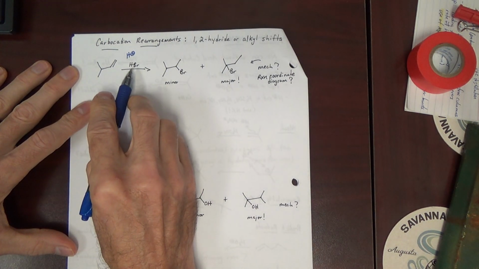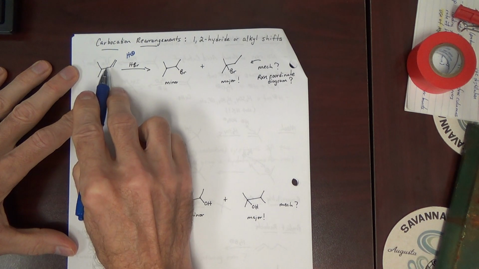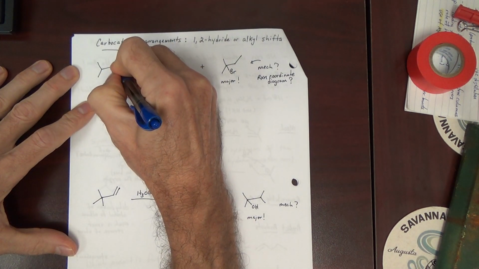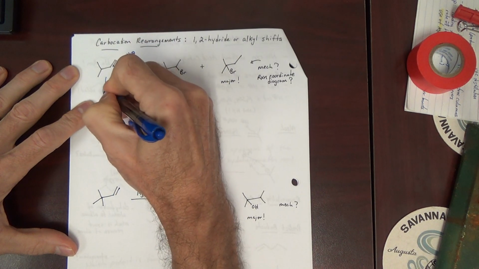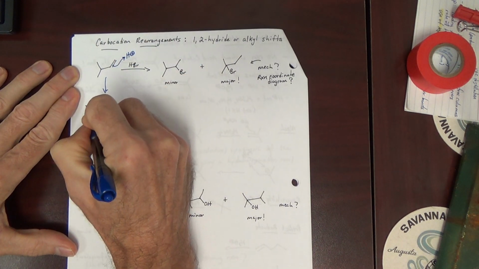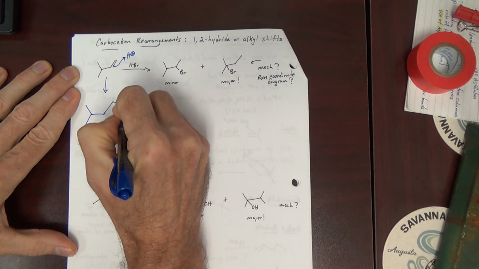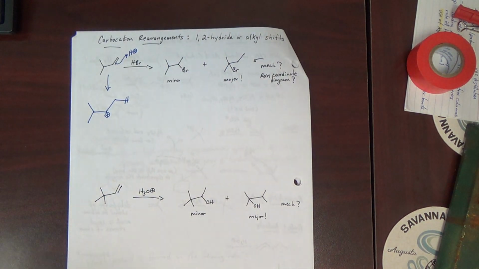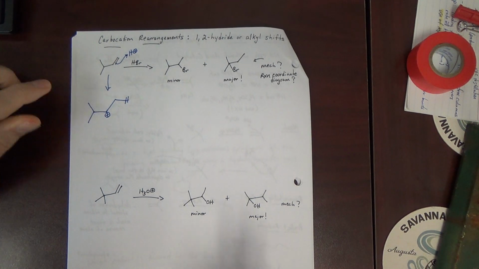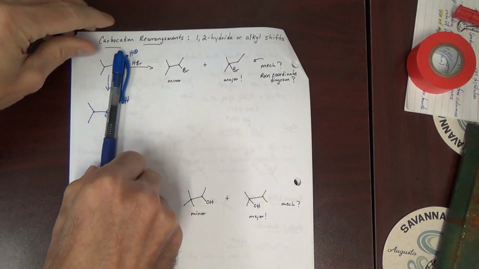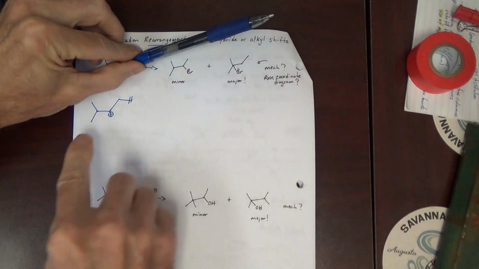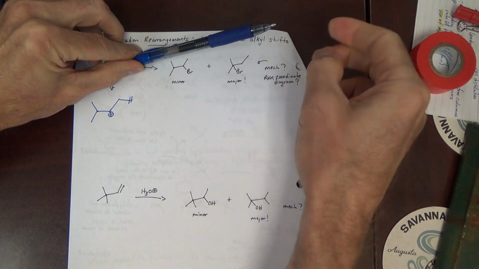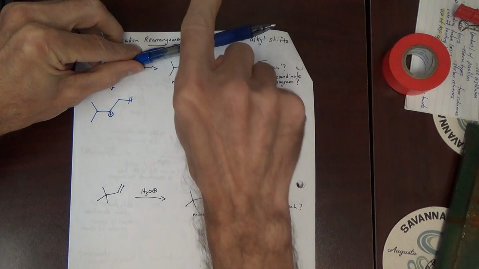We've got H+, and the only reaction we know thus far is an alkene reacting with H+. And we know that we need to form a carbocation on the secondary carbon, so we're going to hinge up like this, leaving the bottom carbon a carbocation, the top carbon bonded to an H.